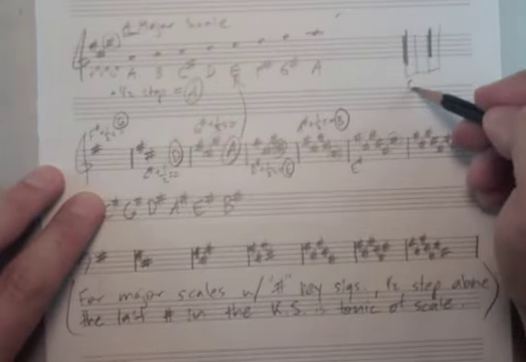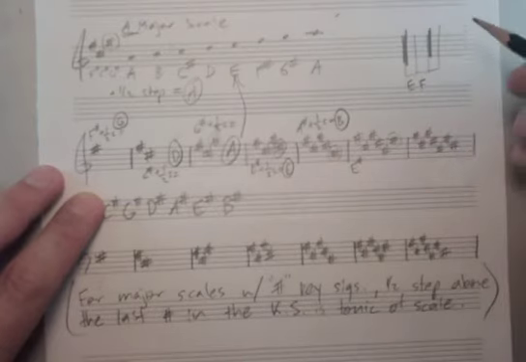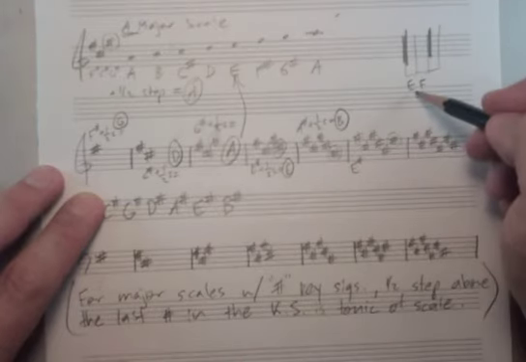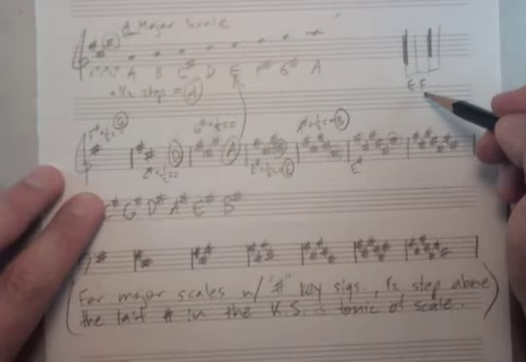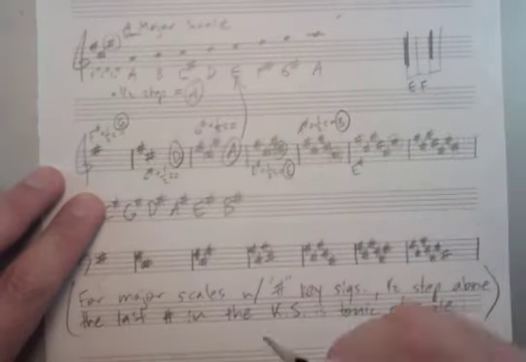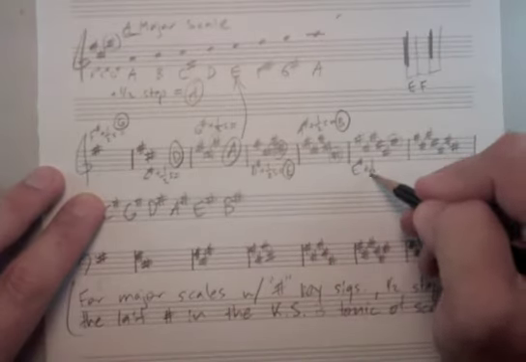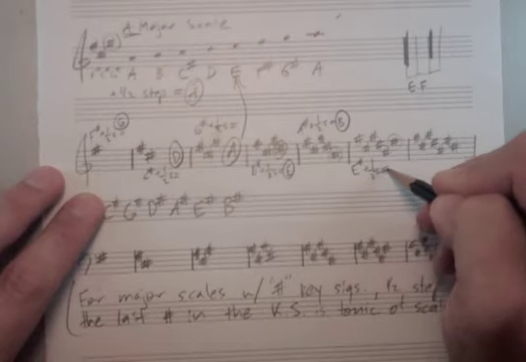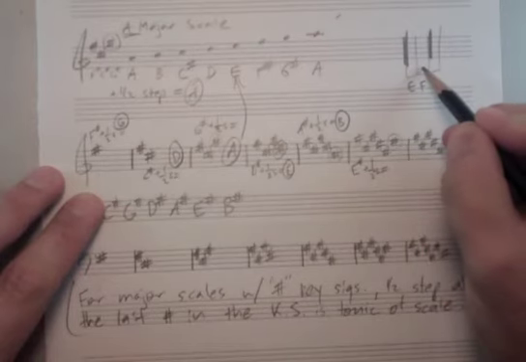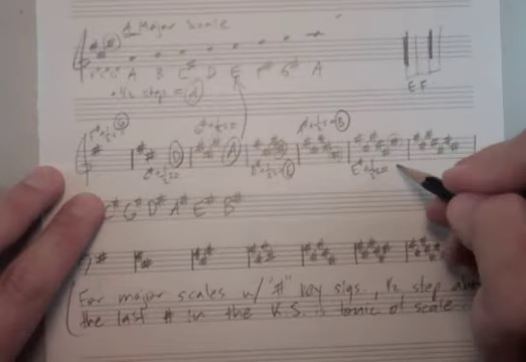So this is where E and F are. And so an E sharp is a half step higher than E. So we have to be careful here. So we're on E sharp and we add a half step. This key signature is called F sharp.